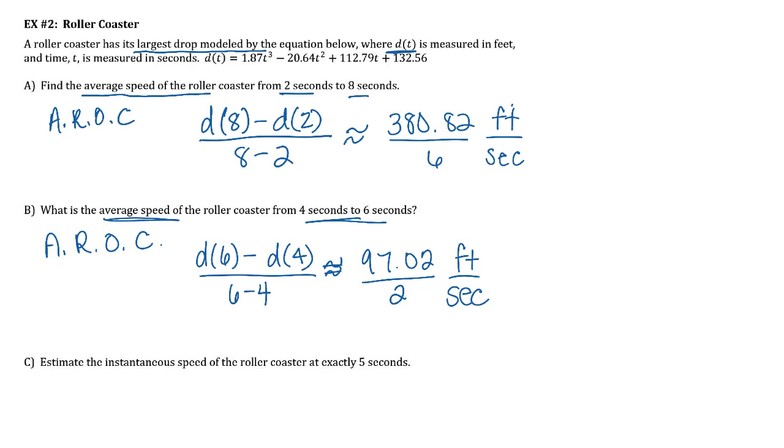Okay, now for part C, and this is where it might seem a little bit tricky, but we're going to get some information and set this up very similar to what we would have done with limits. So we need to estimate the instantaneous rate of change of the speed of the roller coaster at exactly 5 seconds. So notice that we've been finding our average rate of change by having two values, just like we did in our previous two examples.